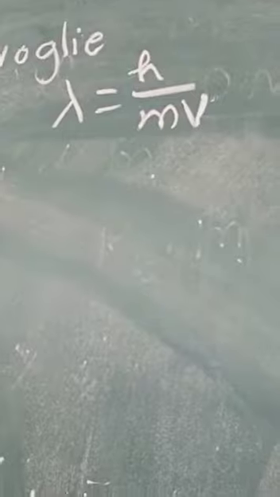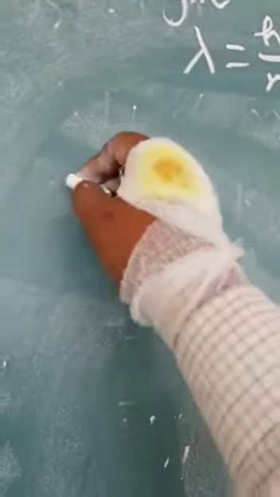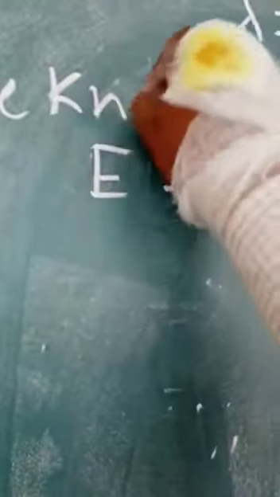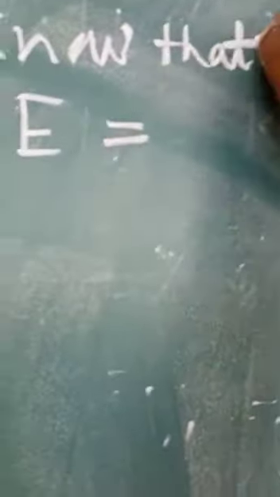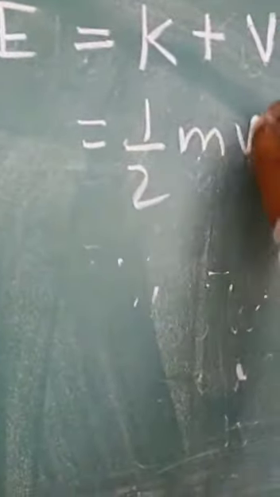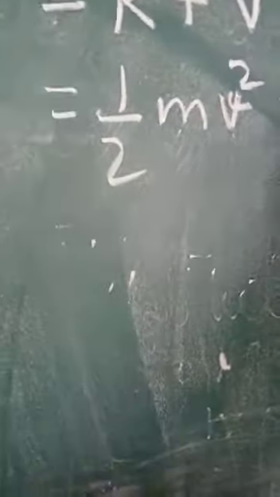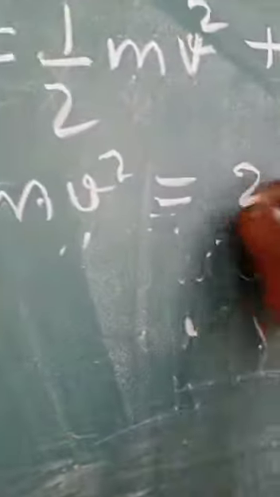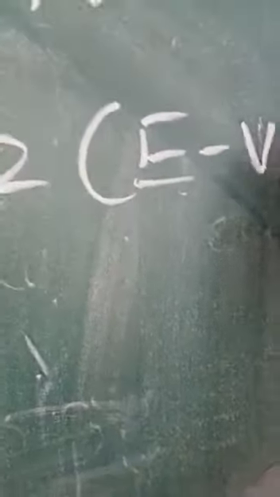Students, you know that the total energy of the system, that is E, is equal to kinetic energy K plus potential energy V. So we write E is equal to K plus V. Kinetic energy is half mv square, plus V. So you write here mv square equal to 2 into E minus V. This is the third equation.